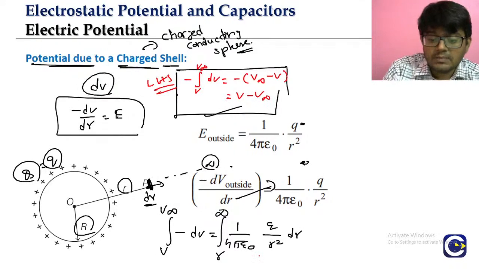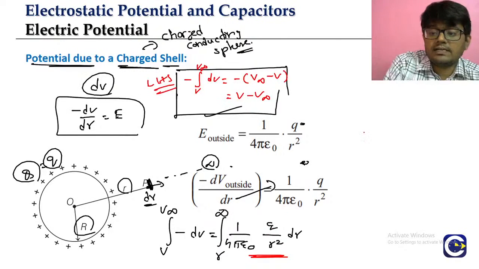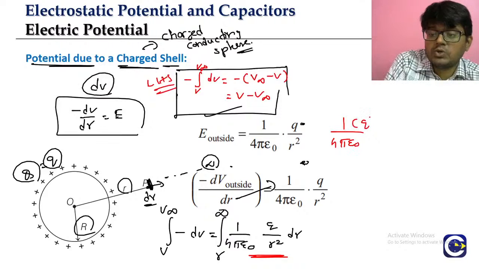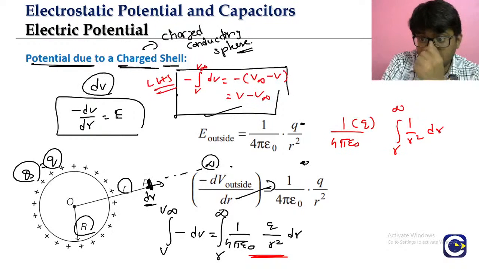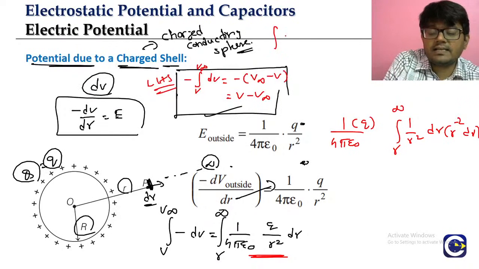Now let us look at the RHS. Here 1 by 4 pi epsilon naught q is all constant, so it comes outside. So 1 by 4 pi epsilon naught, with q in the numerator, times integral from r to infinity of 1 by r square dr. This can be seen as r power minus 2 dr. We already have the standard result: integral x power n dx is x power n plus 1 by n plus 1.